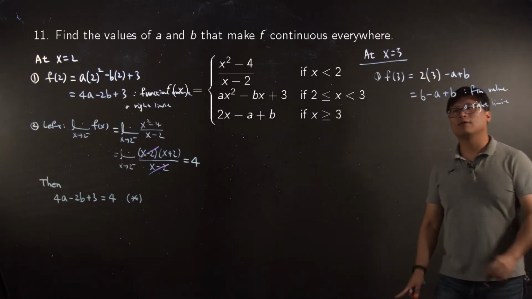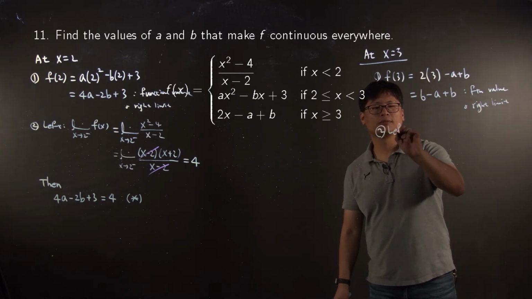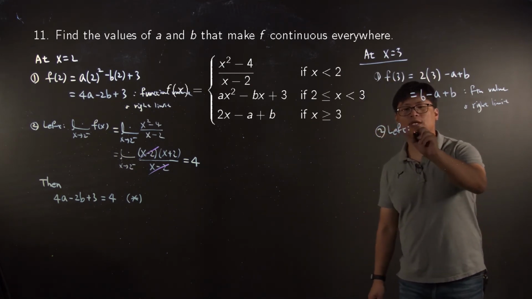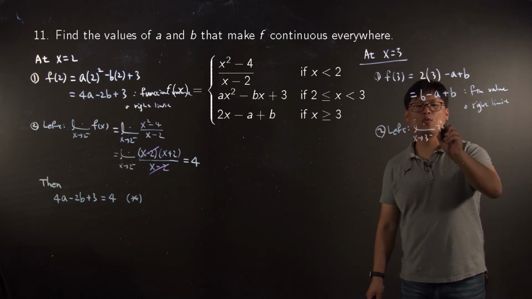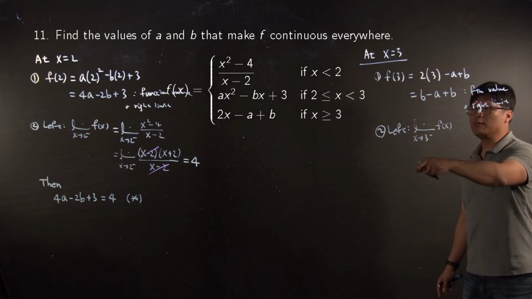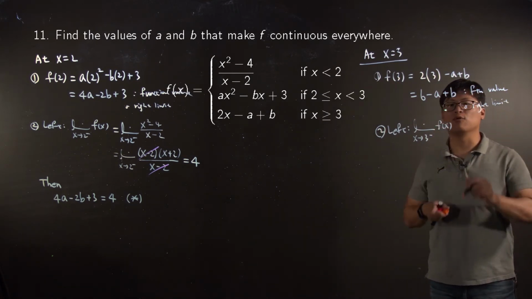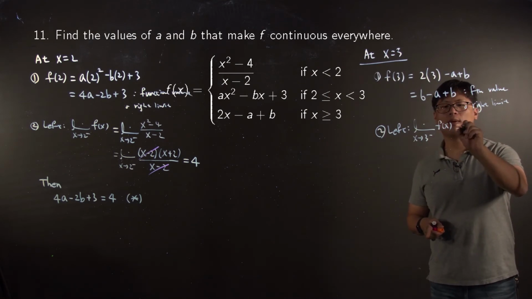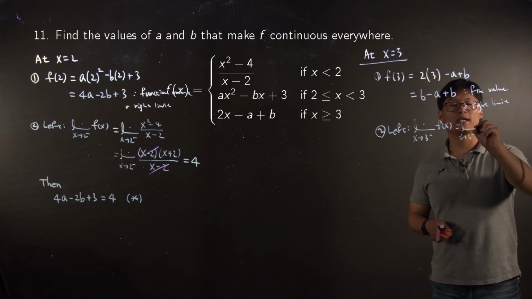Now, for step 2, we need the left limit, which is the limit as x goes to 3 from the left of the function. This means x is less than 3, so we have to use the second equation.